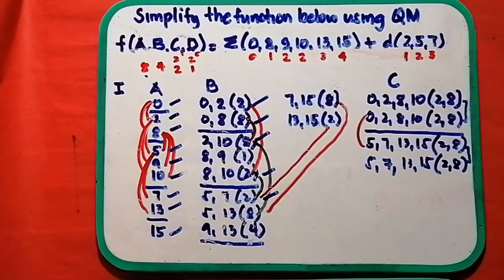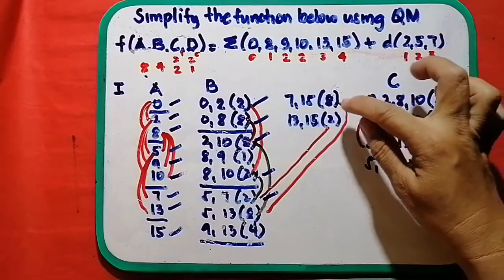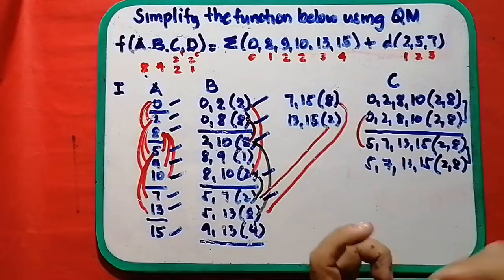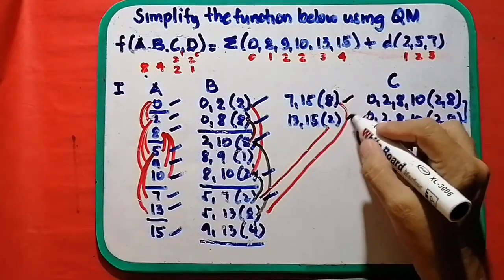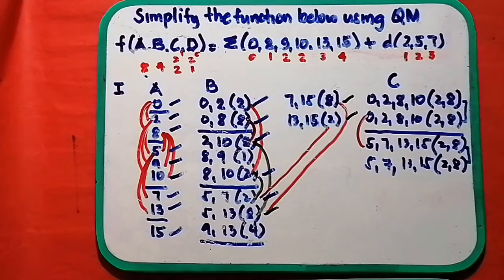What are these essential prime implicants? Are those set of numbers which do not have a tick mark. Okay, so meaning to say those numbers not taken, or not covered.